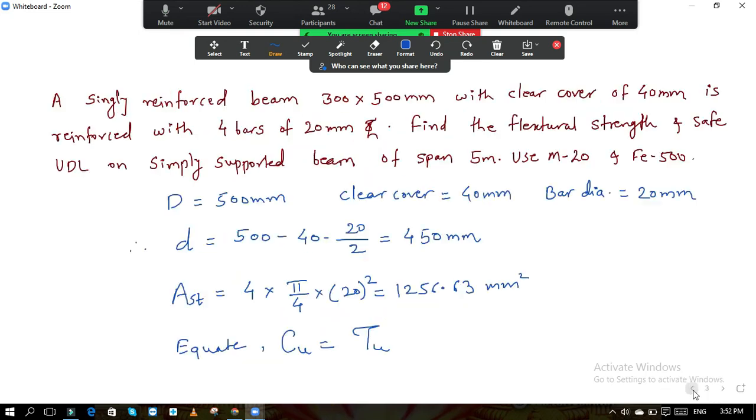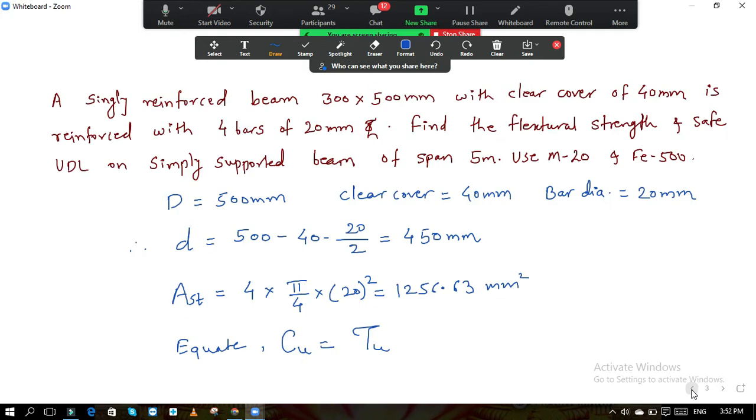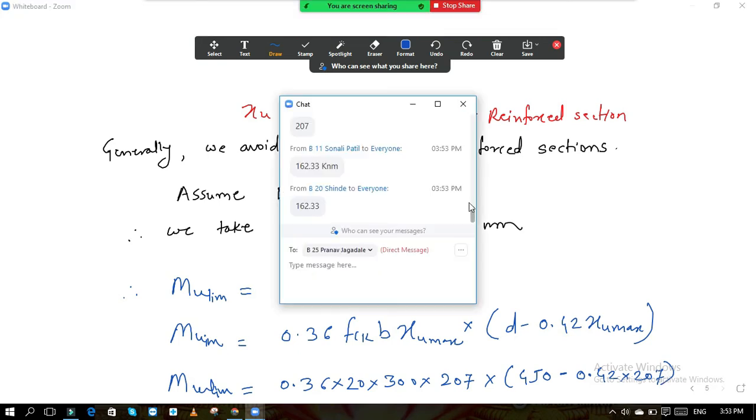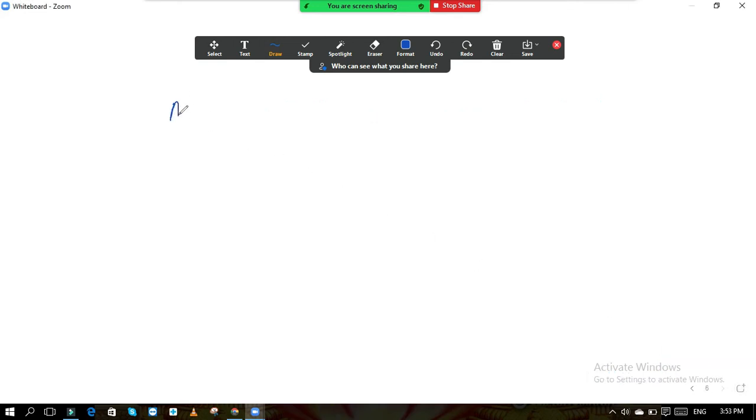So b is 300, into xu max 207, into d, and the depth is 450, minus 0.42 into 207. If you solve this, you will get the value of Mu limiting. Find out that value: 62.33 kilonewton meter.